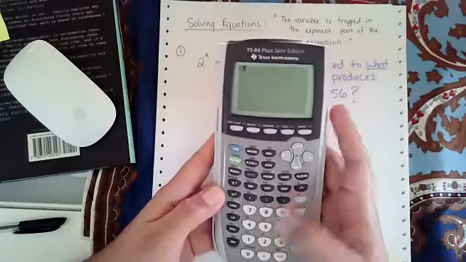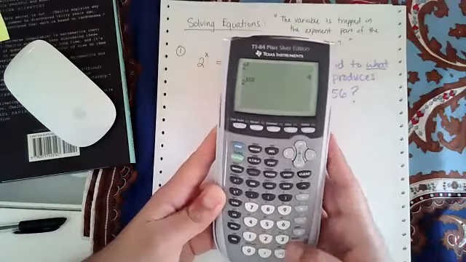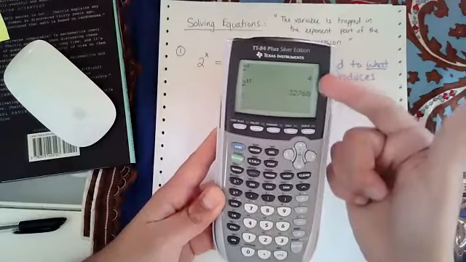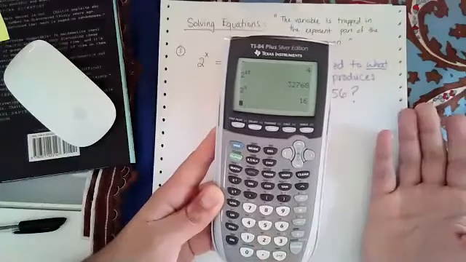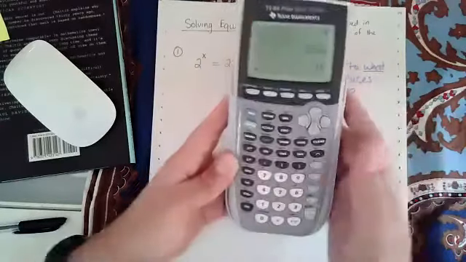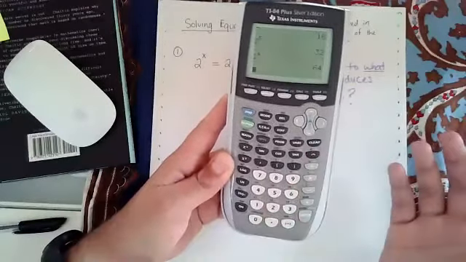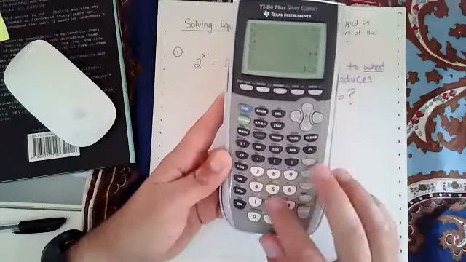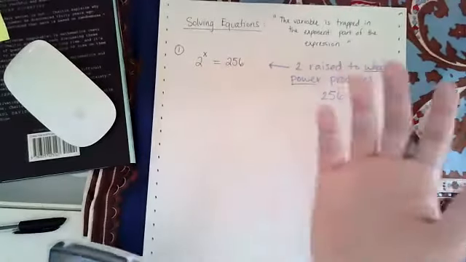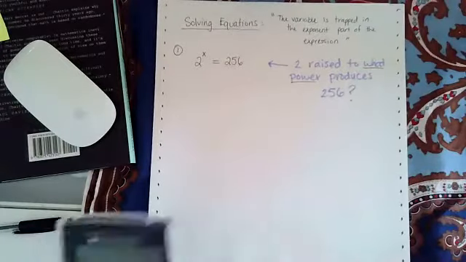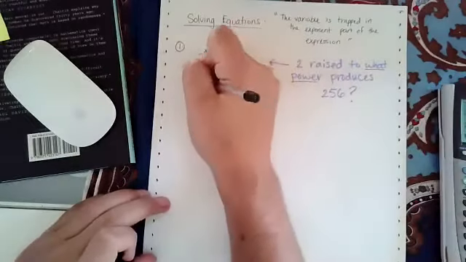Let's say that we went something higher than 8, like 15. That's too high, right? So then I might guess something lower. I might try something like 2 to the 4th power. 16 is too low. And then you might just go up by 1, say 5. No, that doesn't work. 6, that doesn't seem to work either. And then eventually we would get to 8 and see that, okay, well, the missing exponent in this equation has to be 8. So x is equal to 8 by the brute forcing method. That would be the solution.